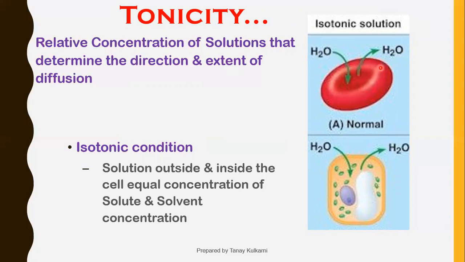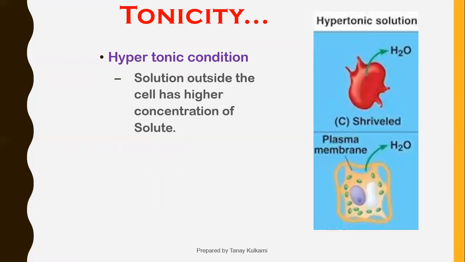If you see, one water molecule is coming in, one is going out. So inside the cell and outside the cell, there is no change in the number of water molecules or even in the concentration of solute. Hence the shape of the cell stays the same.